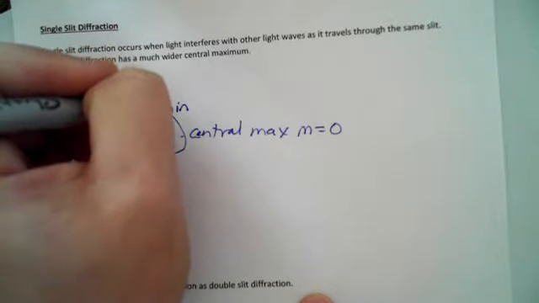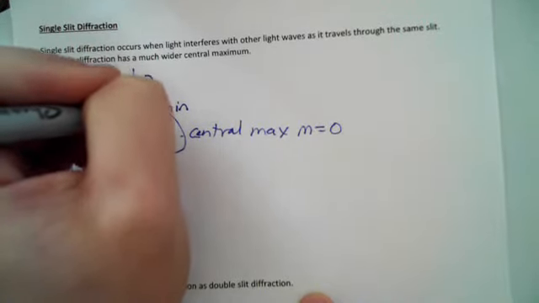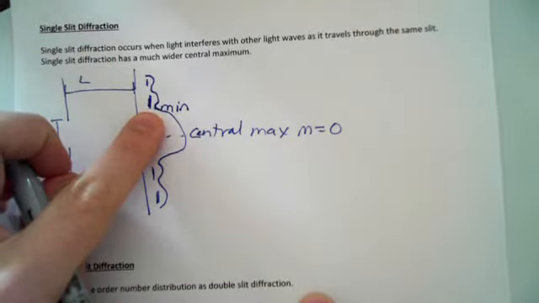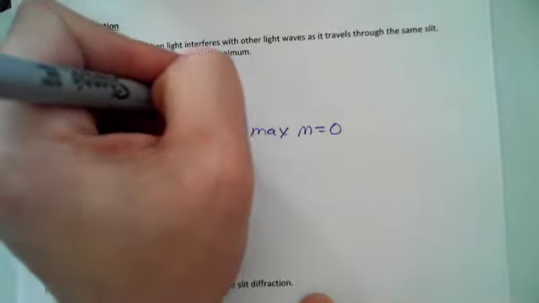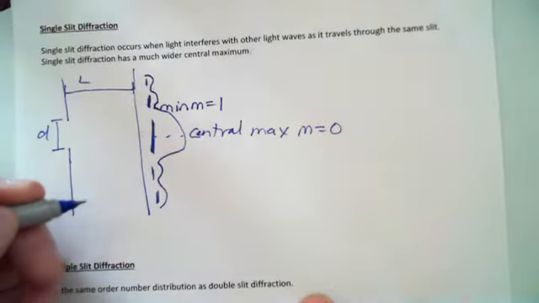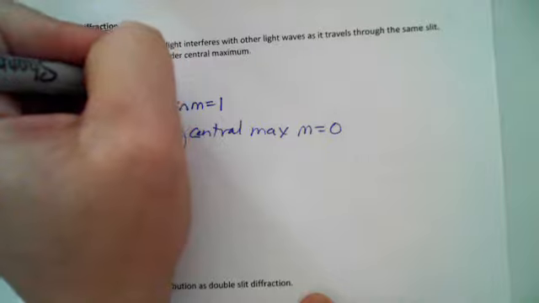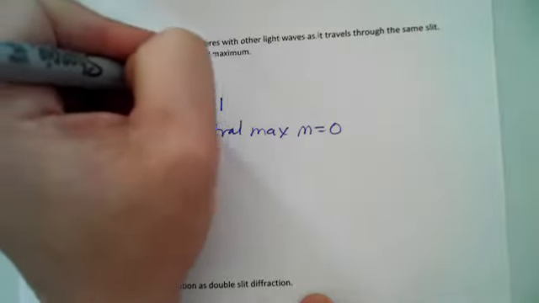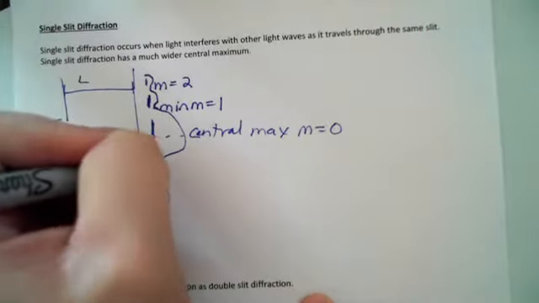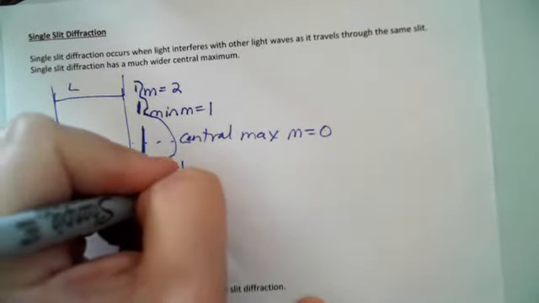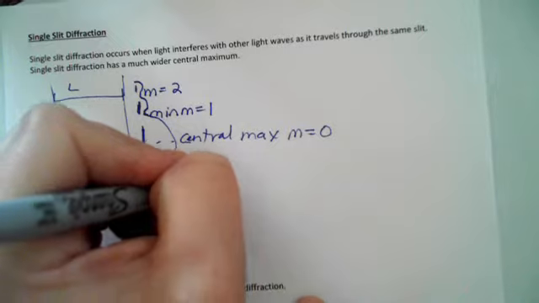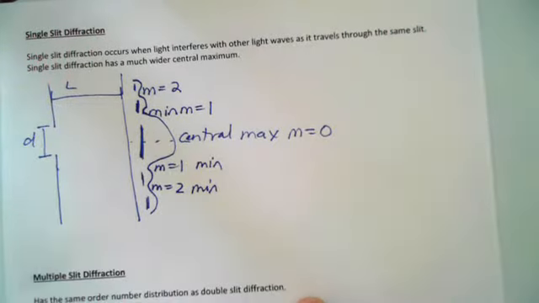So at this little area of minimum brightness, this destructive interference area, the order number is going to be M equal to 1. And then this next min is going to be M equal to 2. These are mins.